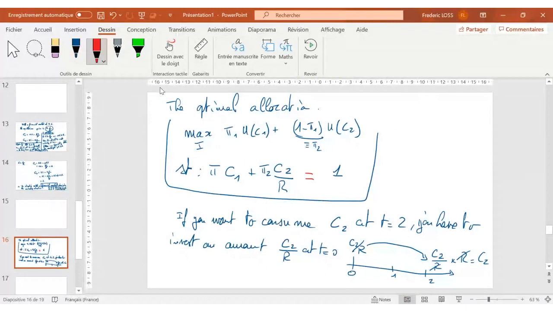Well, then it is quite simple because you can use the constraints to express everything in terms of C1 or C2. Sorry, here it's not capital I. It is C1, C2.